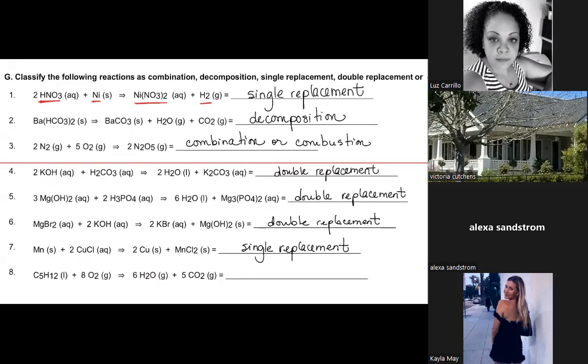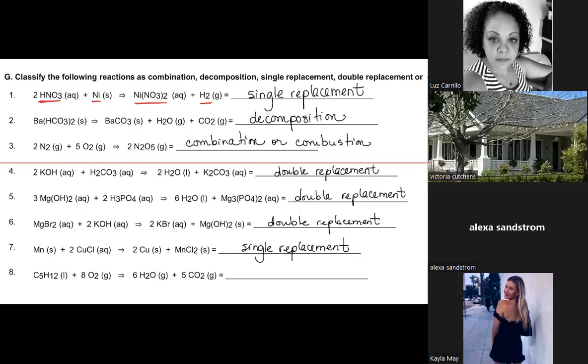And lastly, we have a compound that has carbon and hydrogen. We're mixing it with molecular oxygen and we're forming water and CO2. So what kind of reaction is this? That's not a single replacement.